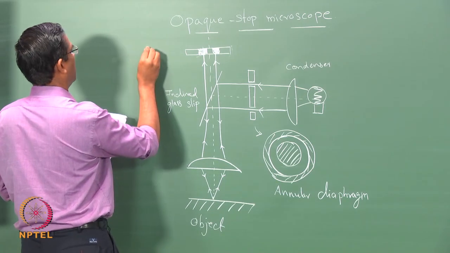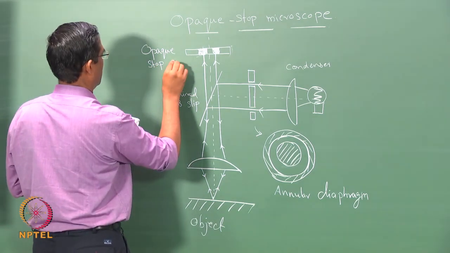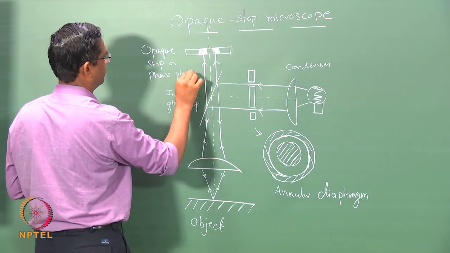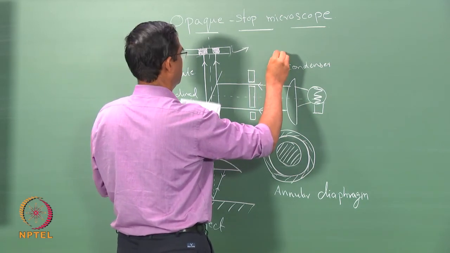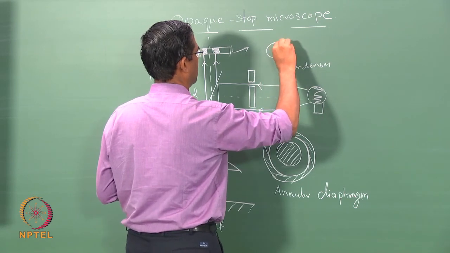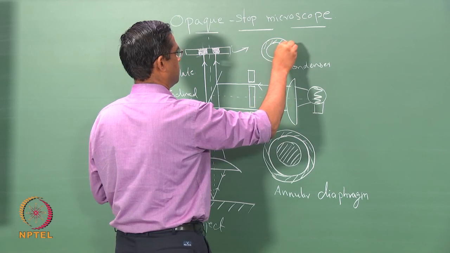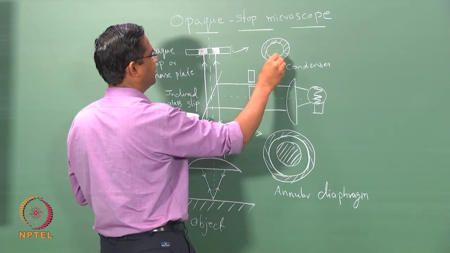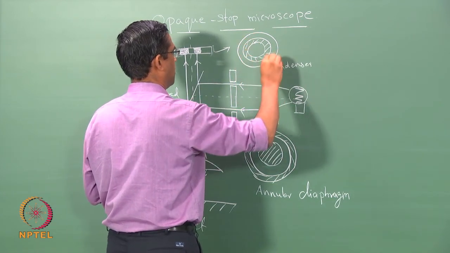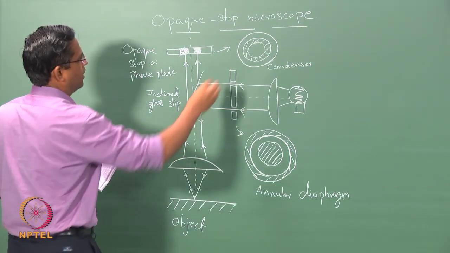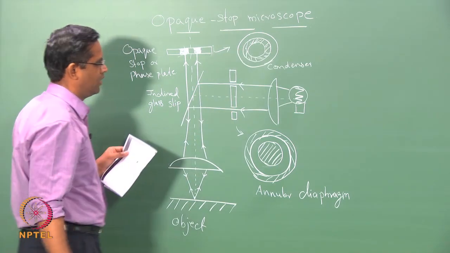This is the opaque stop, or a phase plate. It will appear something like this, entirely opposite to the annulus. This is the opaque annular part, and this is a disk.